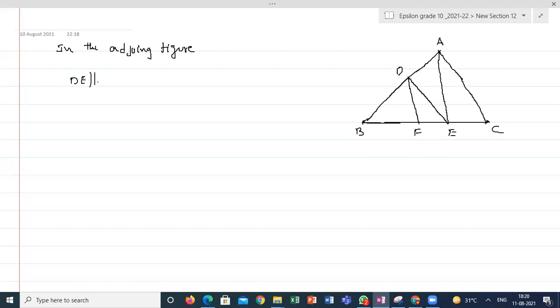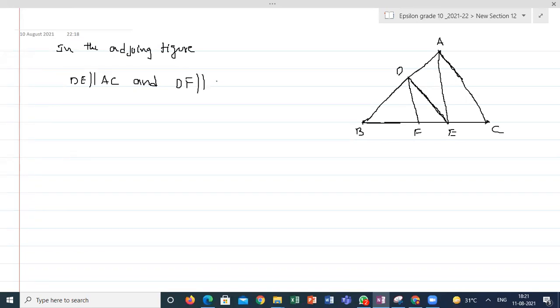DE is parallel to AC. DE is parallel to this DE. This line is parallel to AC. And DF is parallel to AE.